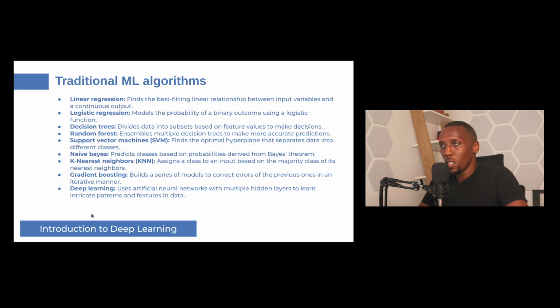These are some of those traditional machine learning algorithms that we would tend to work with initially before later resorting to working with deep learning. And we'll cover random forest, which will help us set a baseline of what we can later compare to the performance of a deep learning model.